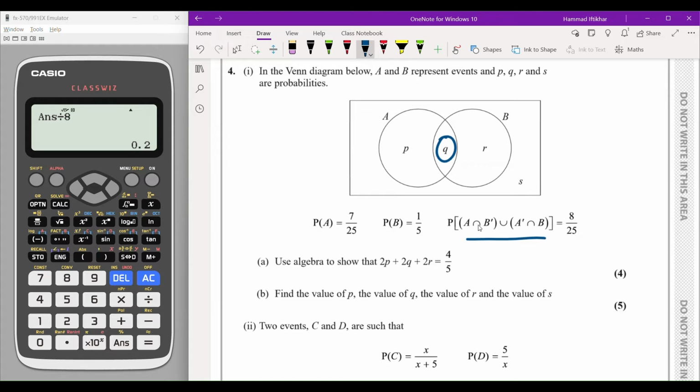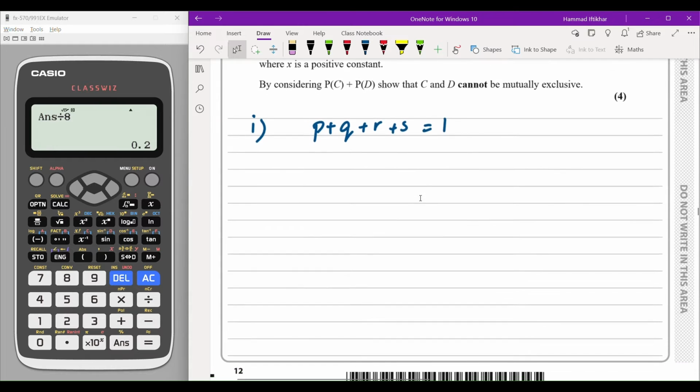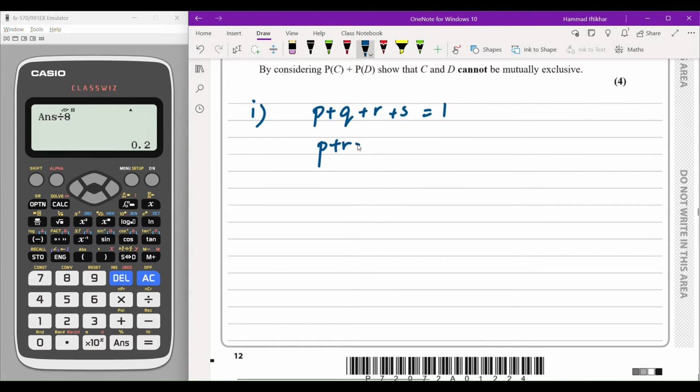So A intersection B complement is just P. This part is simply this. And A complement intersection B is just this. So basically they have told us that P and R add up to 8 over 25.